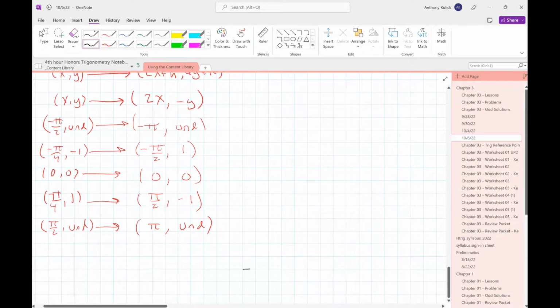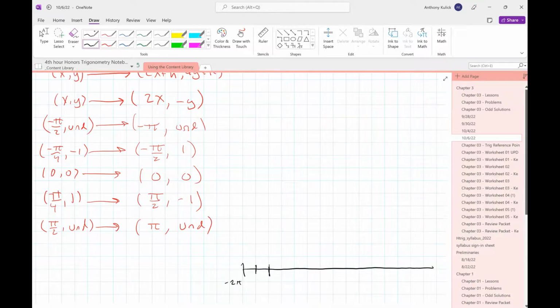So let's say we wanted to graph this from negative 2 pi all the way out to positive 2 pi. I would say here each tick mark could be pi over 2. So that's negative pi, there's 0, positive pi, positive 2 pi. So if I'm graphing here, I have negative pi undefined.